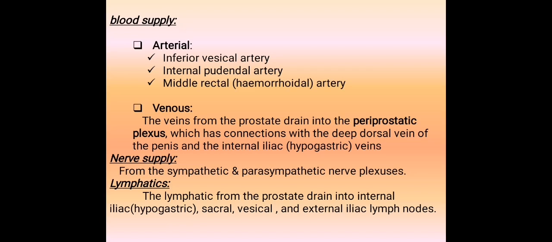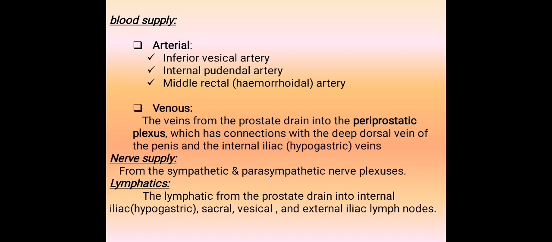The blood supply of the prostate, arterial supply, comes from the inferior vesical artery, internal pudendal artery, and the middle rectal or middle hemorrhoidal artery. The venous drainage goes to the periprostatic plexus, which has connection with the deep dorsal vein of the penis, and it drains to the internal iliac or hypogastric veins.